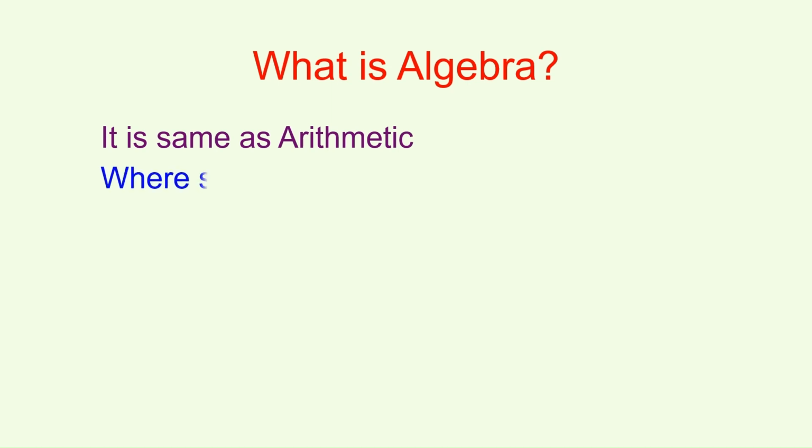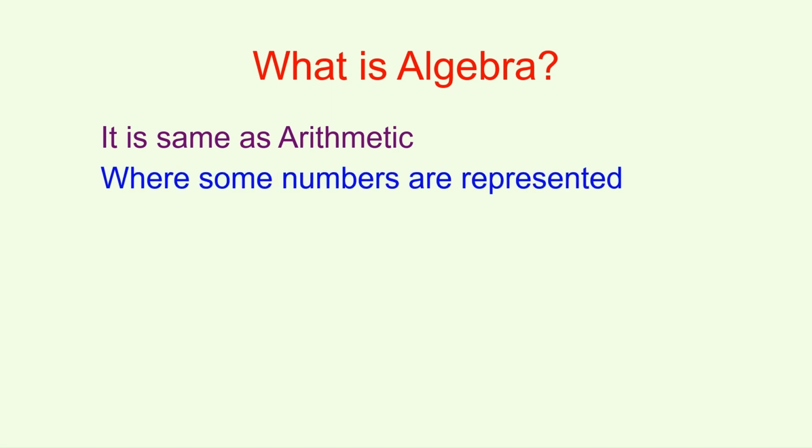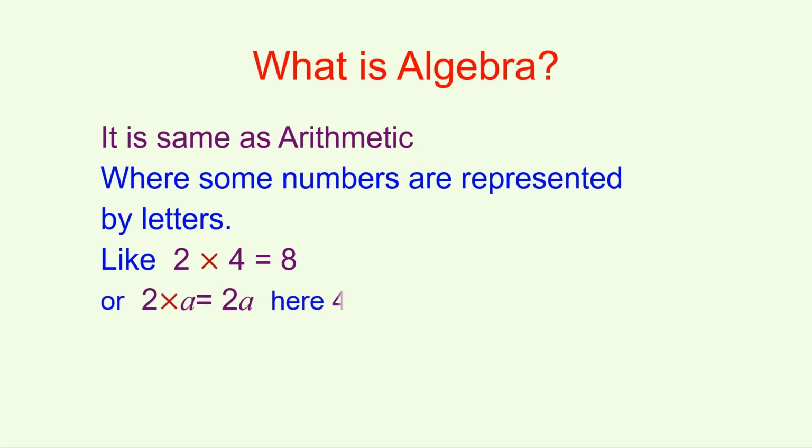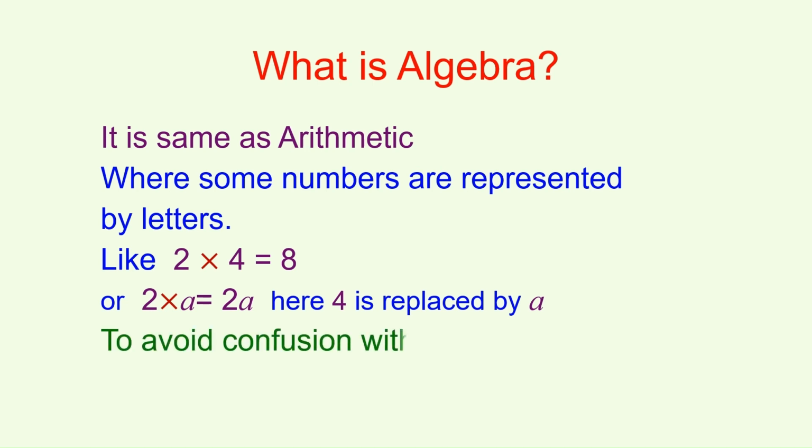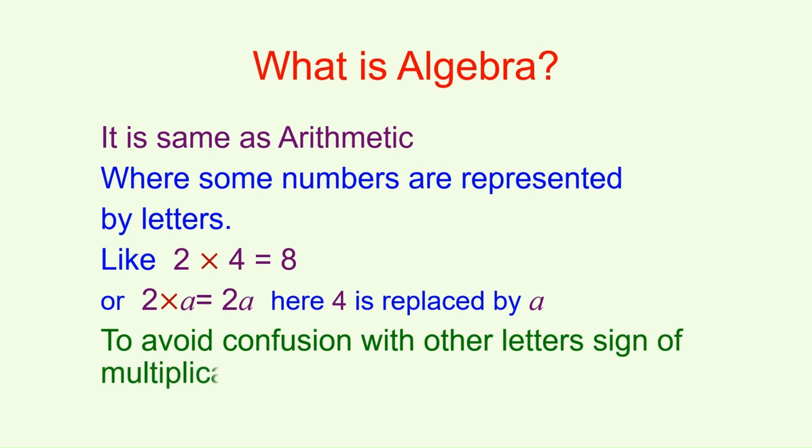What is algebra? It is the same as arithmetic, where some numbers are represented by letters, like 2 times 4 is equal to 8, or 2 times A equals 2A. Here 4 is replaced by A. To avoid confusion with other letters, the sign of multiplication, times, is avoided in algebra.